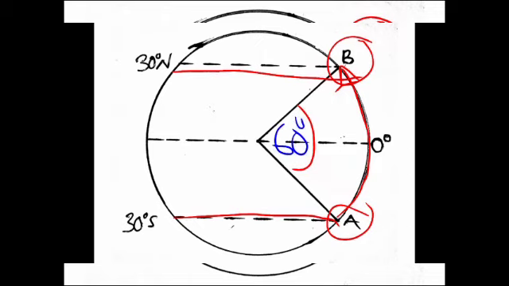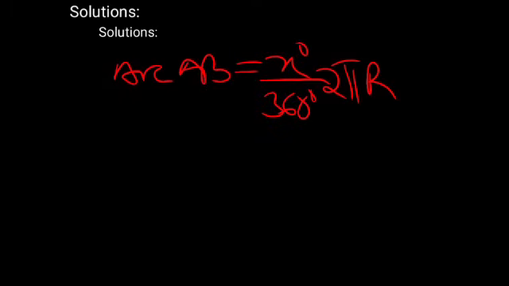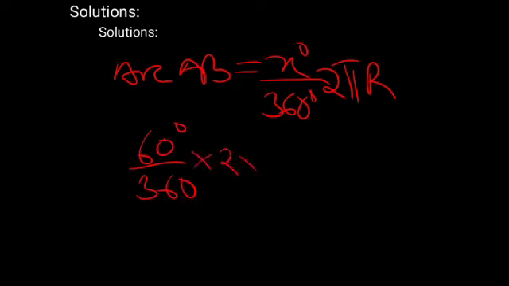Okay, so we can now go into our formula and say our angle is 60 degrees over 360 degrees times 2 times pi, which has been given as 3.142, times the radius of the earth in nautical miles as 3,437.